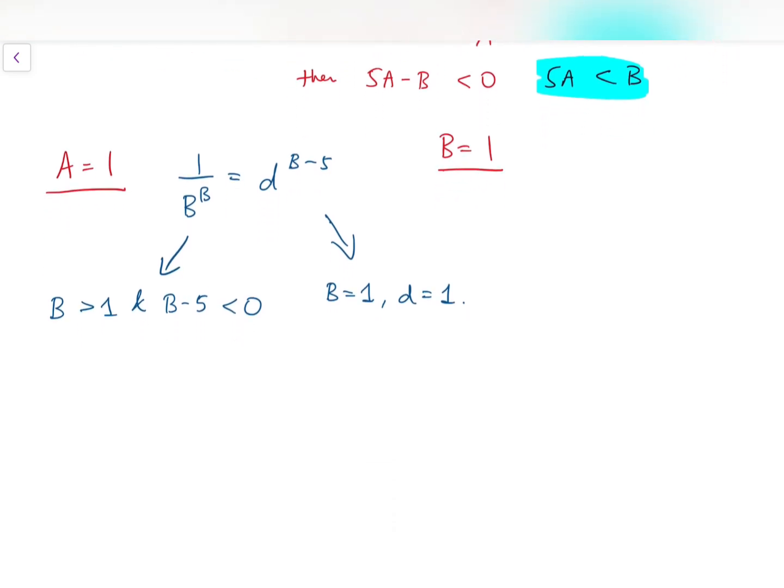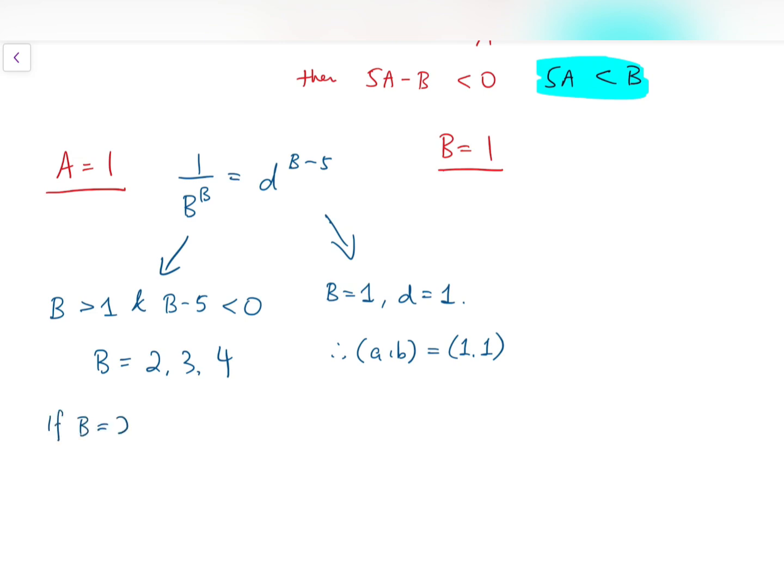Now for the right case, we can quickly say that therefore a and b are both 1. It's indeed valid, because if we go back to our original given equation, both sides will be equal to 1. But for the left case, since big B is also an integer, we know big B is either 2, 3, or 4.